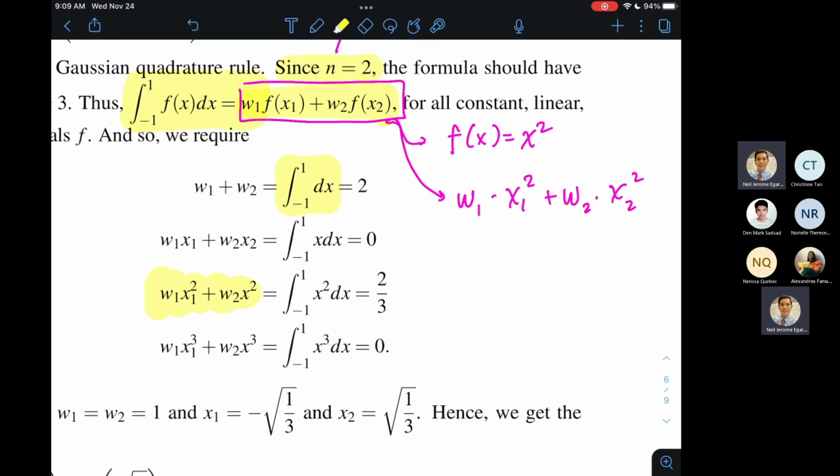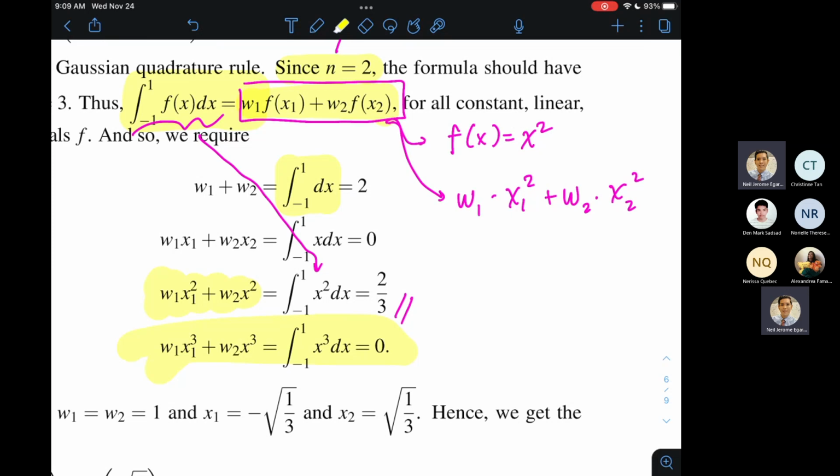Okay. And then this guy will just be the integral of x squared over the interval -1 to 1. And performing the integral by hand, you're going to get 2/3. Okay? And the same thing will happen for x cubed. And again, I'll stop at x cubed because the promise of this Gaussian formula is that it will be of order 3 or degree of precision 3. Okay?